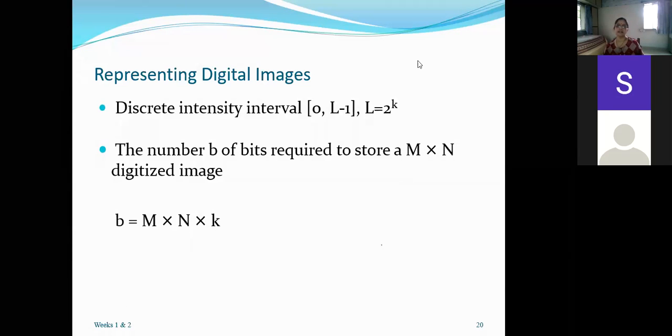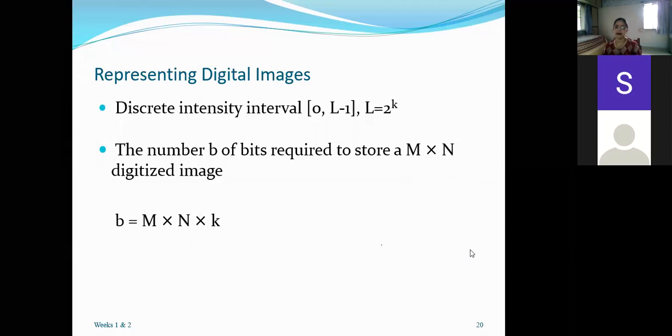Please type your answer. Yes, very good, Sharon, Pranav. If we assume that the image size is 10 by 10, a total of 100 pixels are there, and if we are using 8 bits to represent every pixel, we need a total of 800 bits.